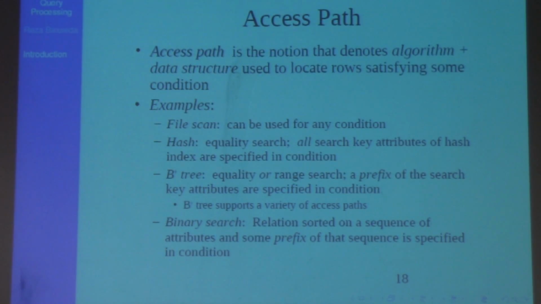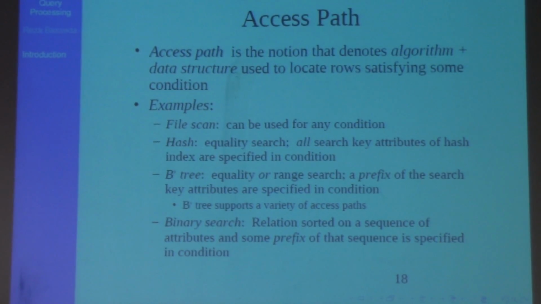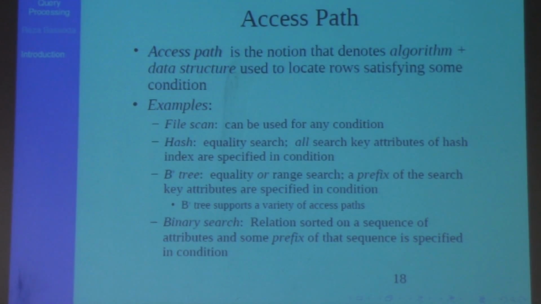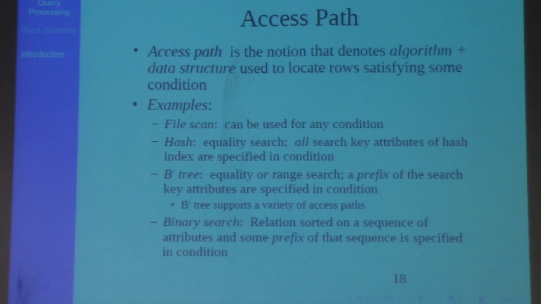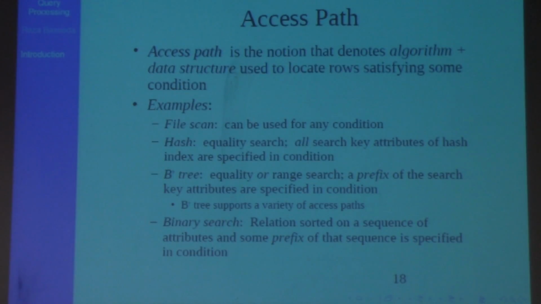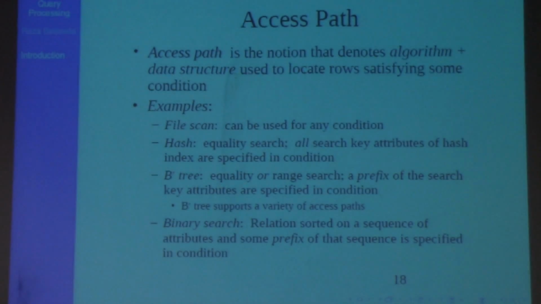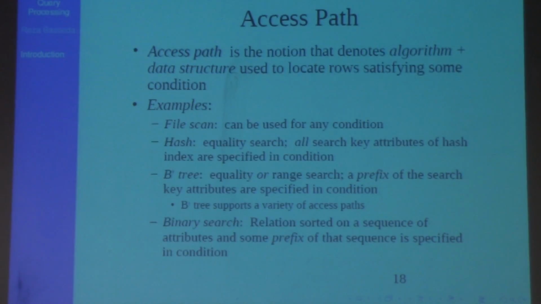So you know the access path from the previous lecture, when we were discussing index structures that you are expected to know on Thursday's exam, right? What is the access path? The access path on these slides was the combination of the algorithm and the data structures used to retrieve the information from the database, right? Is that correct or not?